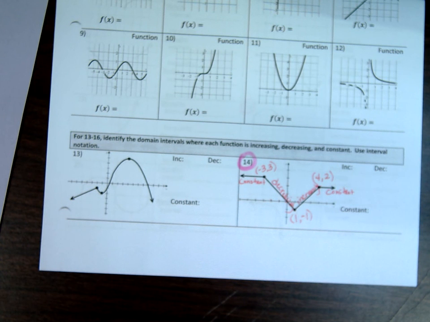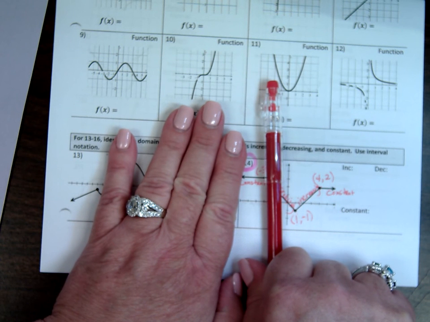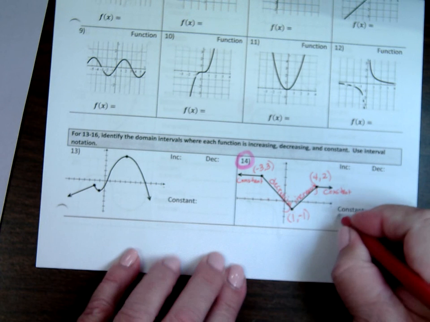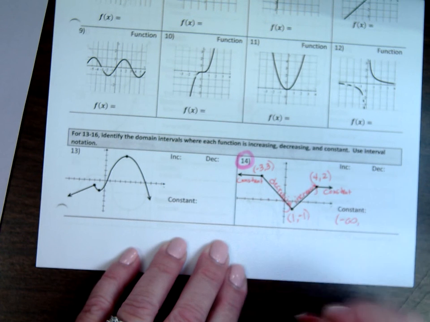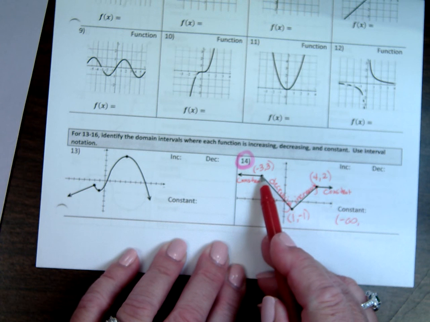All right, so we have dissected this graph and figured out where it's increasing, decreasing, or constant. Now I need to put it together in the interval notation. So I'm looking at chunks of the graph. First chunk is this guy here where it's constant, and it's constant from -infinity. This thing keeps going on. It's constant from -infinity, and it stops being constant at this coordinate. You're looking at the y's, but you're writing the x.